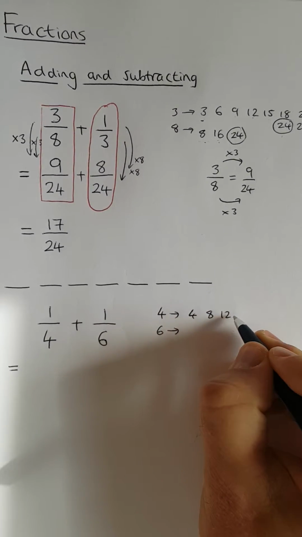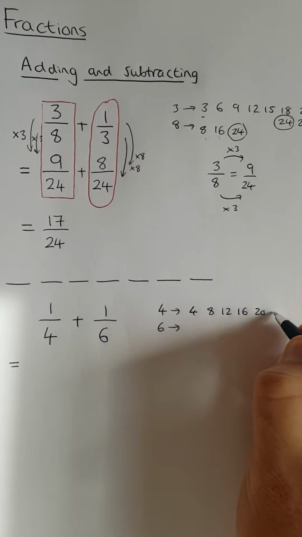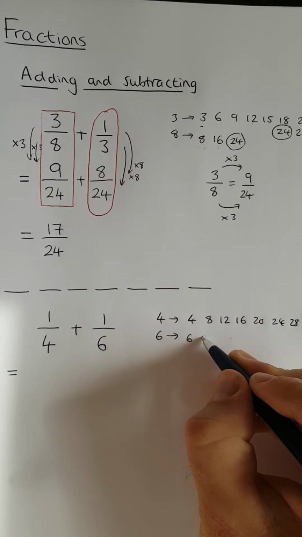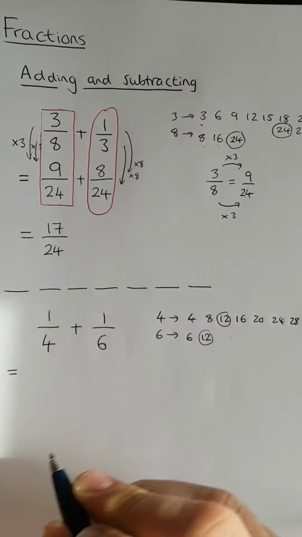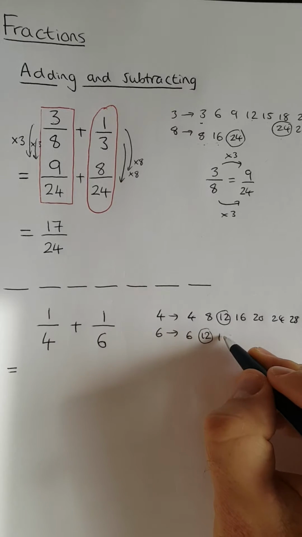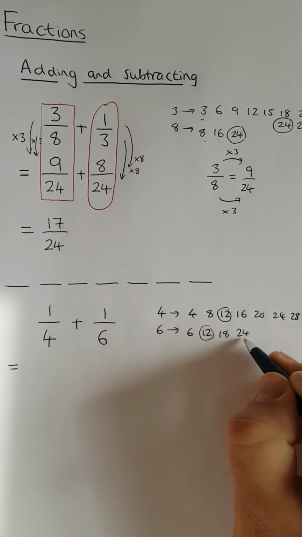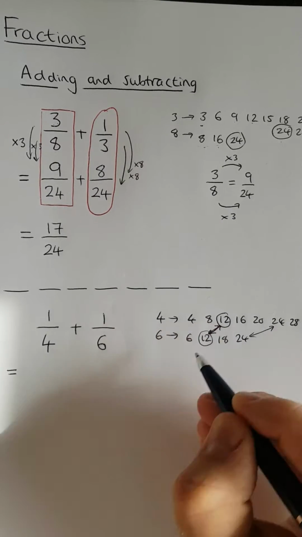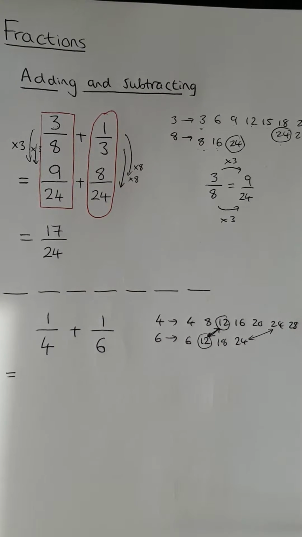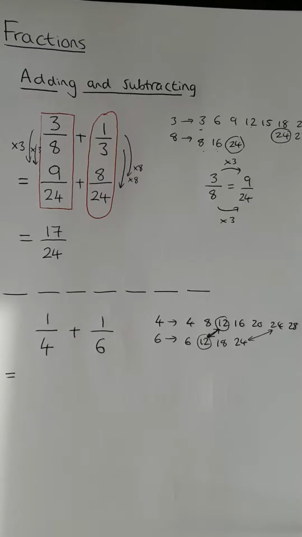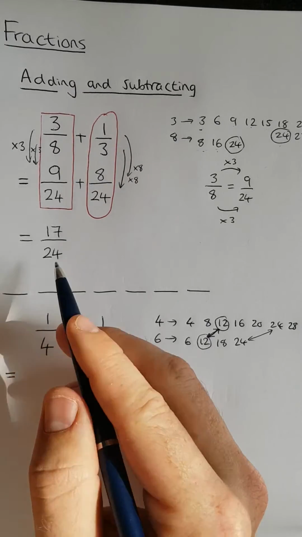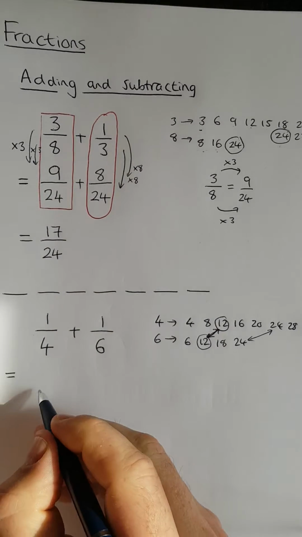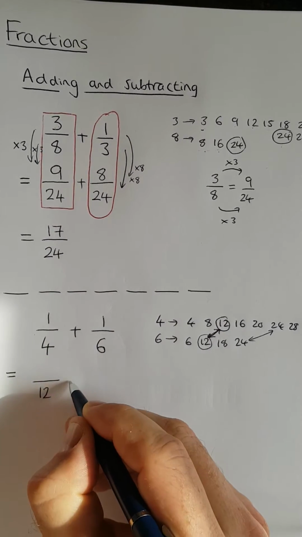4, 8, 12, 16, 20, 24, 28. 6, 12, aha. If I'd carried on past 12, I'd have also got 24. But 12 is the first time they meet, and that will keep the numbers as easy as possible. So I'm going to, like up here, multiply both parts so that 12 becomes my denominator.